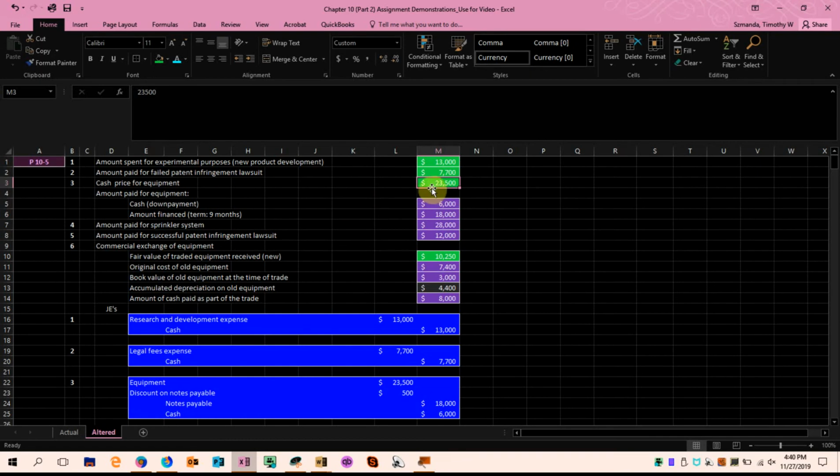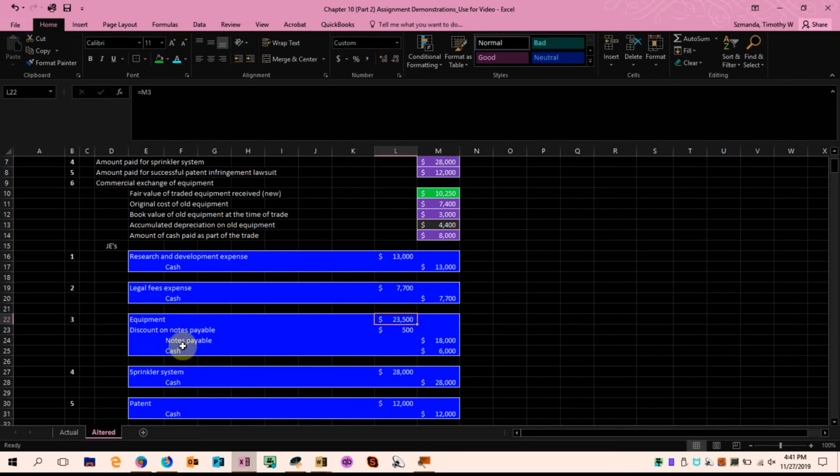So even though we didn't pay $23,500 in cash, that will be how we'll value the equipment. We finance the rest. So we have a notes payable. We financed $18,000, so that's a credit for the liability. And then we paid a down payment of $6,000.